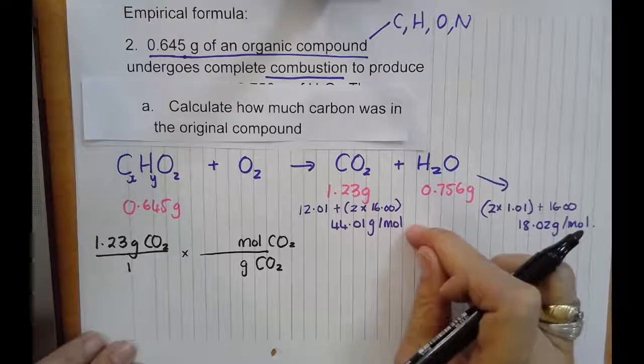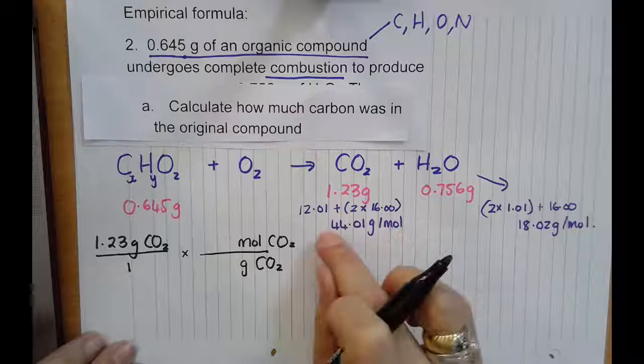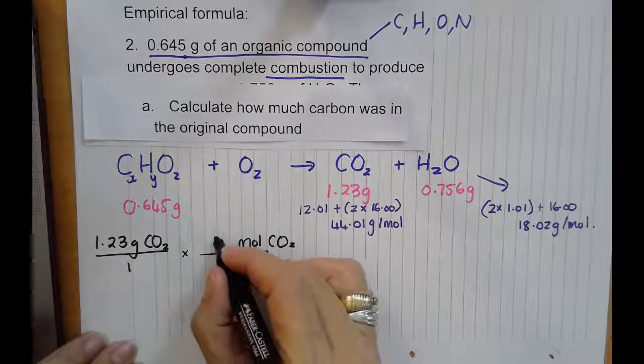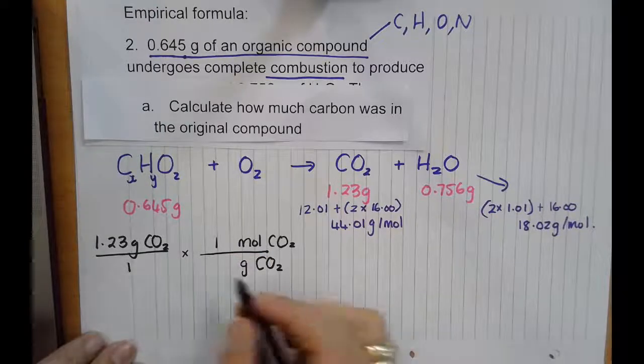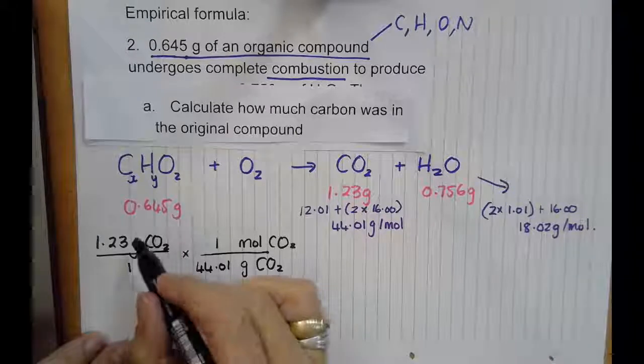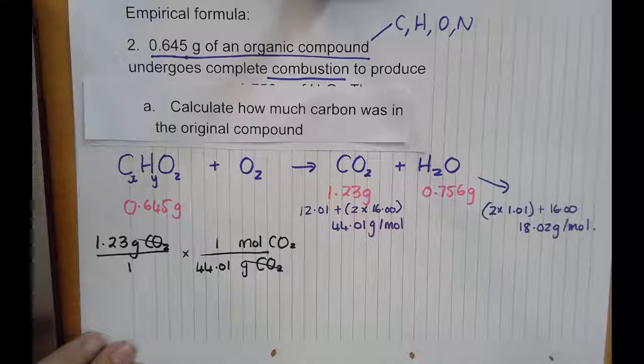Now according to this, in 1 mole of carbon dioxide I have 44.01 grams of carbon dioxide. So I'll put the 1 mole on the top and the 44.01 grams at the bottom. Now my grams of CO2 can cancel out my grams of CO2 here.